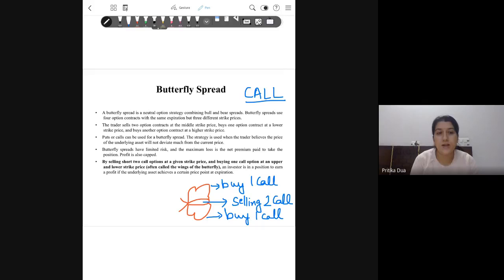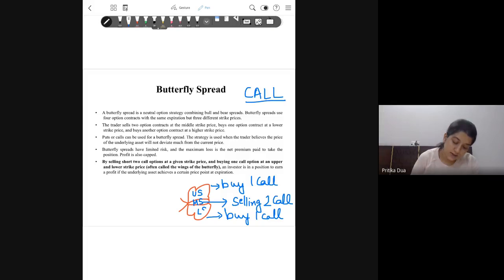You are selling two call option contracts at the middle strike price. So I am writing MS here, middle strike price. This is the upper strike price and this is the lower strike price. You are going long on call contracts, one at the upper strike price, one at the lower strike price.